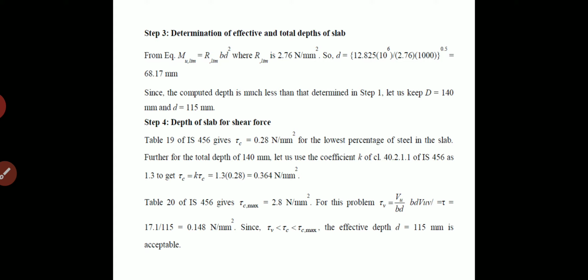This is the formula: 0.36 fck Xu max. Where we provide the concrete grade and steel grade, then we find the Ru lim value. So this is the Ru lim value, 2.76 Newton per mm square.